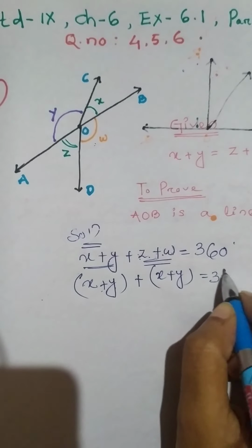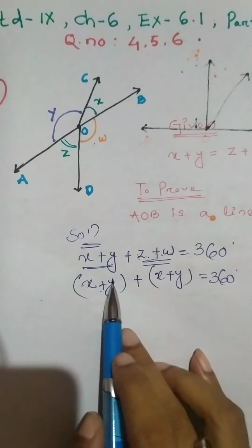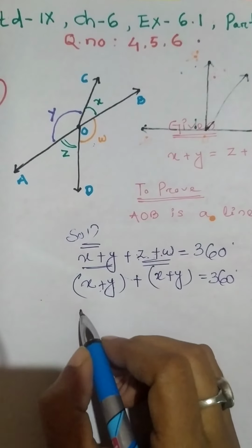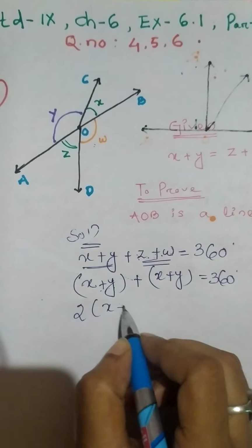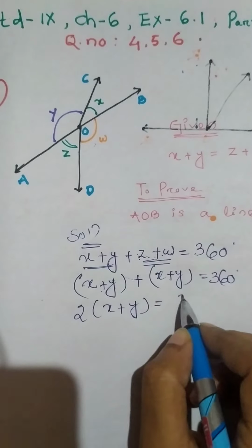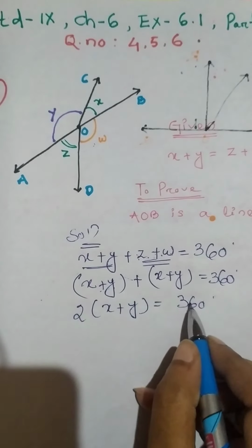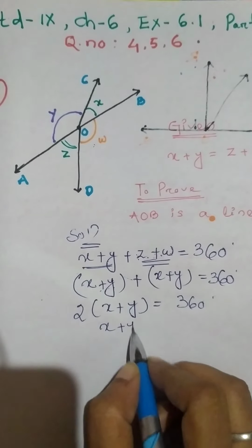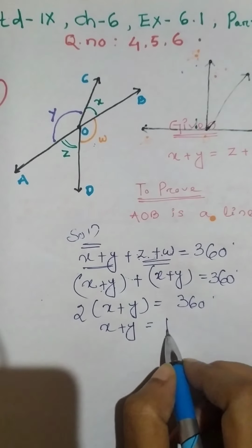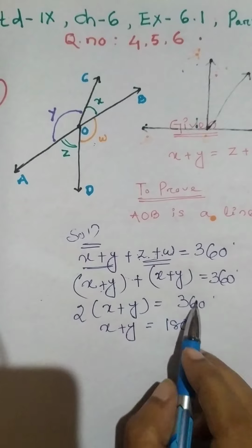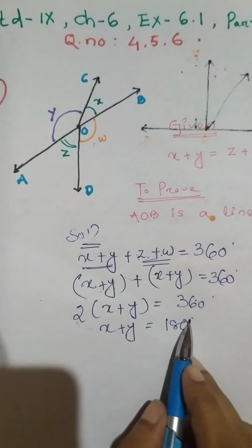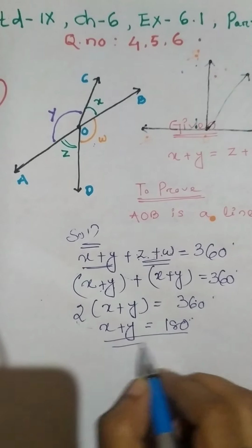Again its value is equals to 360 degree. Now see, x plus y is coming 2 times. So we can write twice of x plus y is equals to 360 degree. Taking this 2 to RHS, we may write x plus y is equals to 180 degree. 360 divided by 2 becomes 180 degree. x plus y is equals to 180 degree.